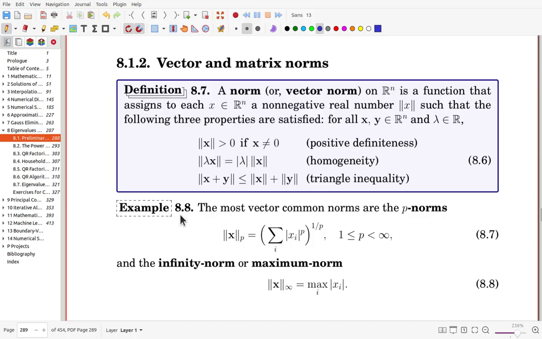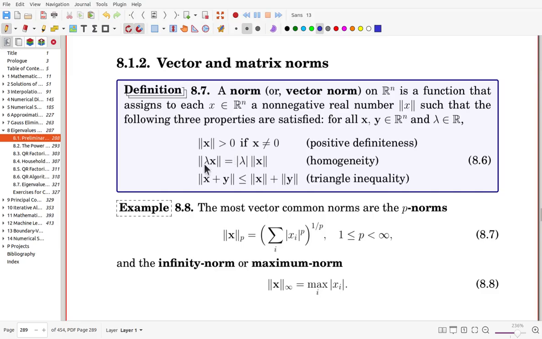Now we are trying to define norms officially. A norm or vector norm on Rn is a function, defined on n-dimensional vectors, satisfying these three conditions. The first is positive definiteness: once a vector is non-zero, the function applied on the vector must be positive.